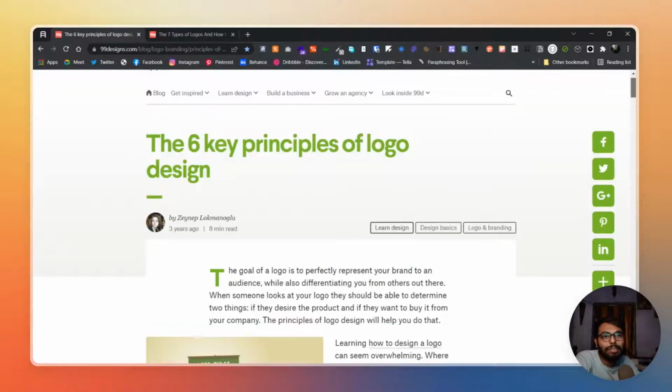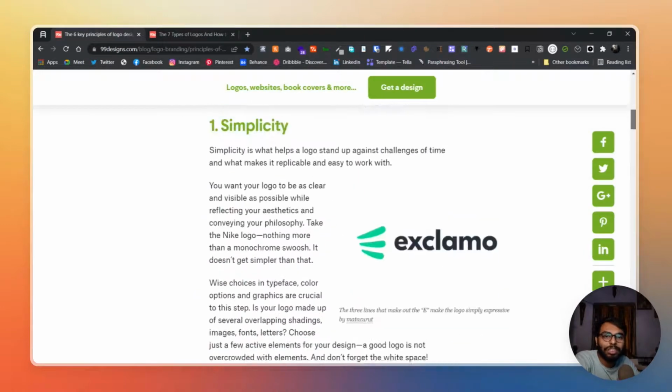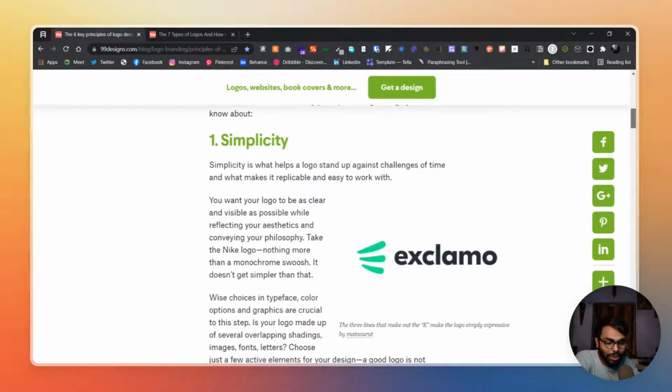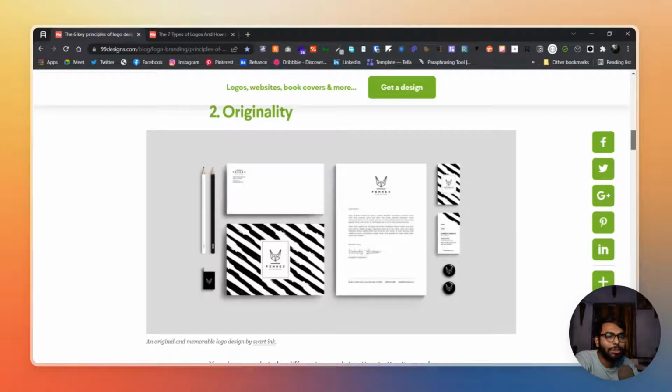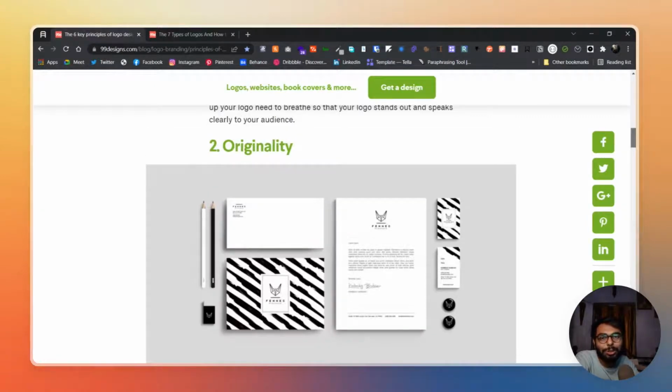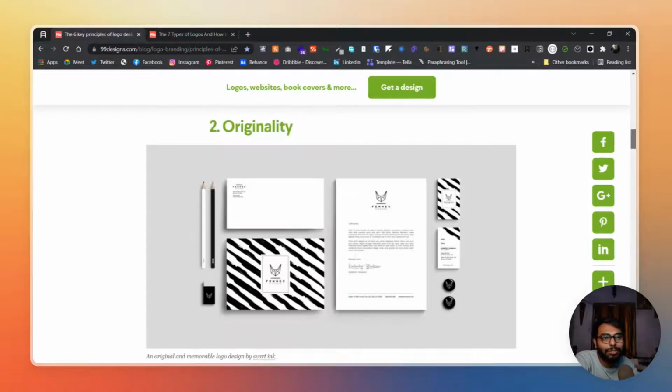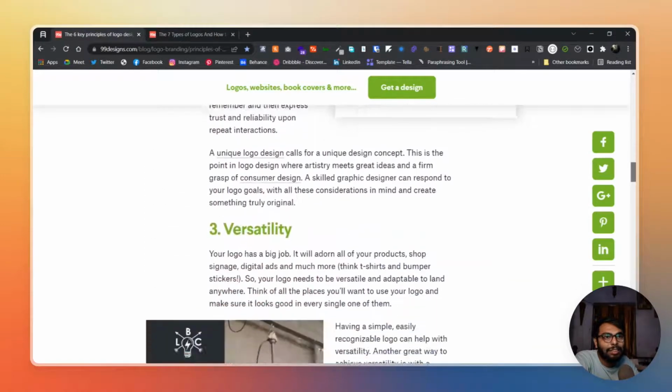So there are actually six key principles. First of all is simplicity. The simpler your logo is, the more easily people are going to remember it. Second is originality. Your logo should be original. Obviously it shouldn't be copy pasted from Google. Third is versatility.